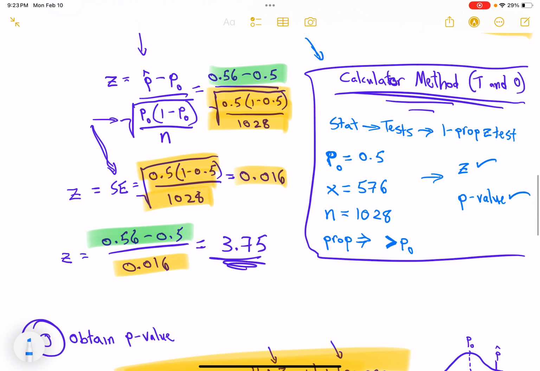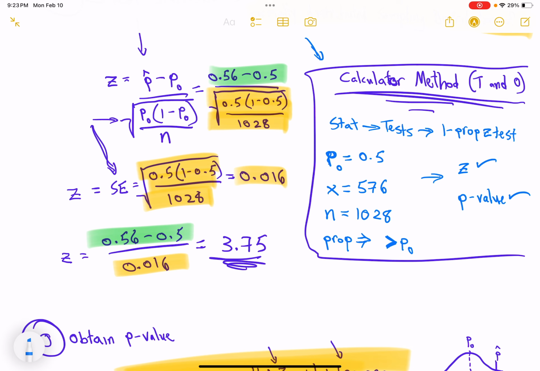So I'm going to calculate the standard error. That's what's highlighted in yellow first. That'll be my denominator. I round it to about 0.016. Notice that for the standard error, you are using the null proportion, yet again, not the p-hat. The p-hat will only, and I repeat, only appear in one spot, and that is as the first value in the numerator: p-hat minus null proportion. Everything else is null proportion.